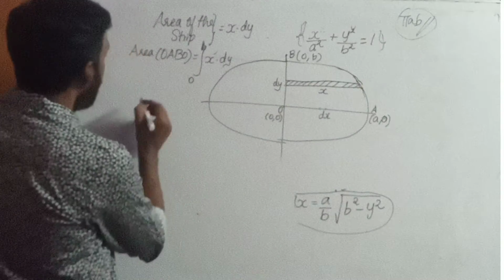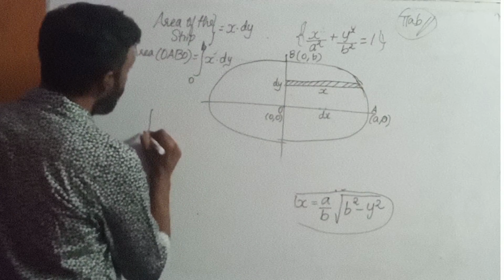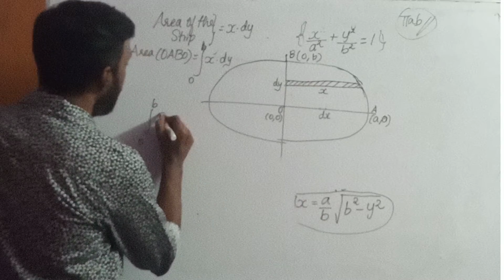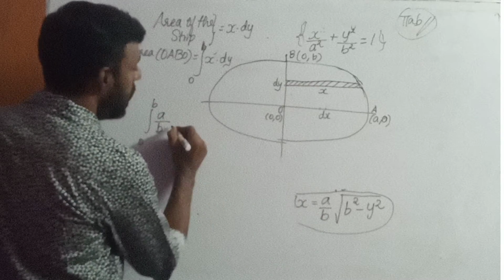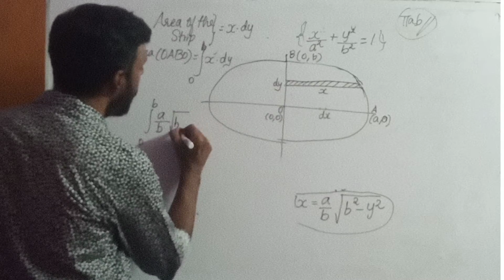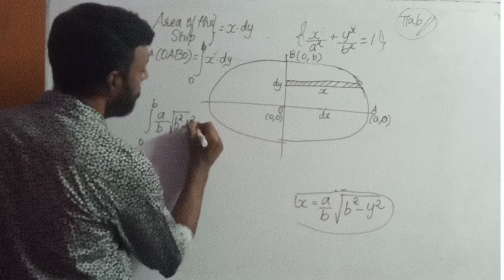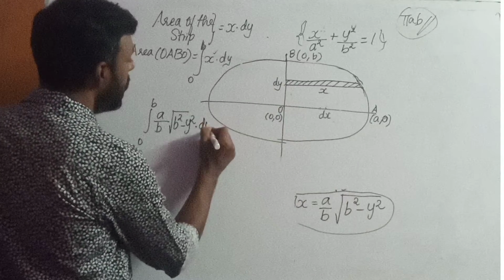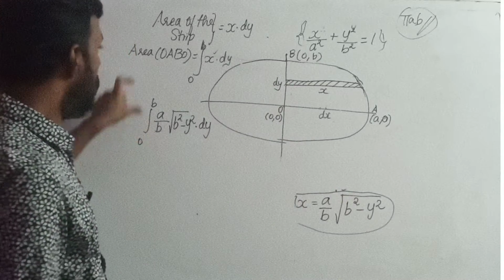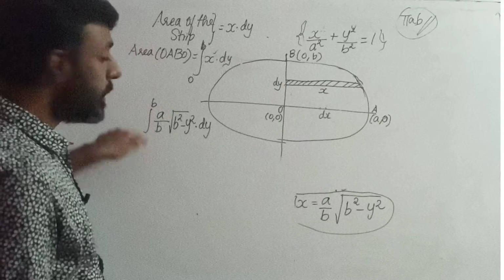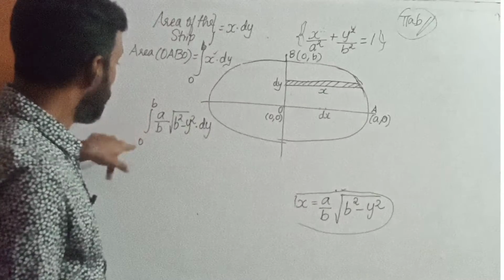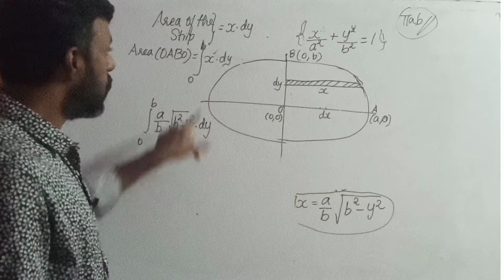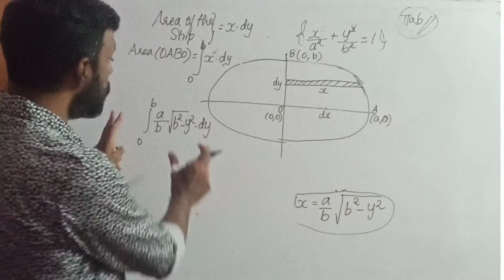Now in my integration from 0 to b, this x value is a divided by b into root of b squared minus y squared into dy. So my integral from 0 to b is a by b root of b squared minus y squared into dy. I have substituted in this expression.